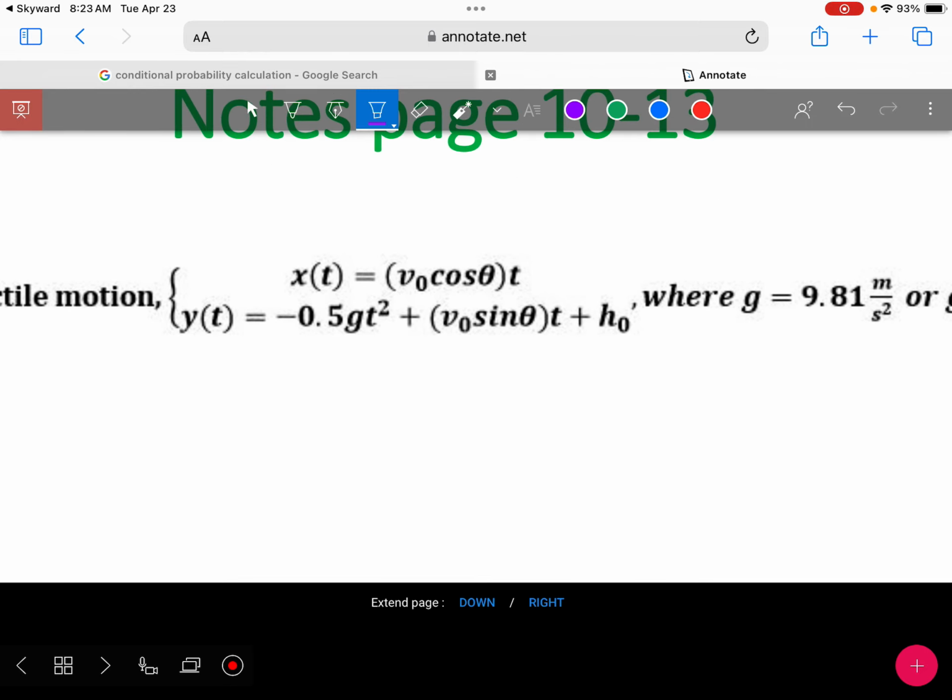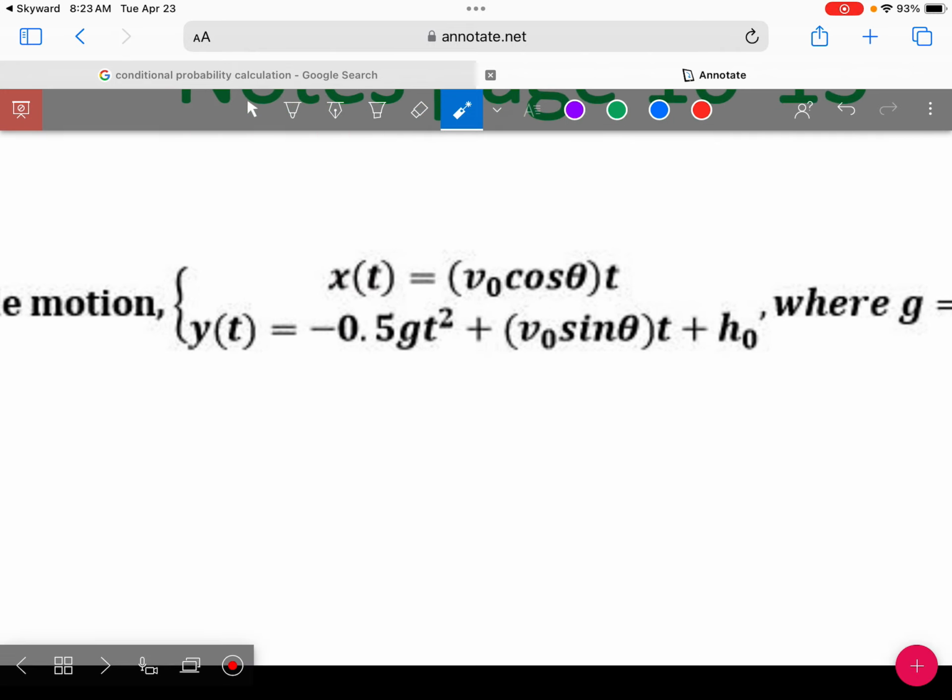You don't need to memorize that. This is going to be provided to you. But I want to dissect this with you. What does this x and y parameter mean? First of all, x, whenever we talk about x, is a horizontal distance.